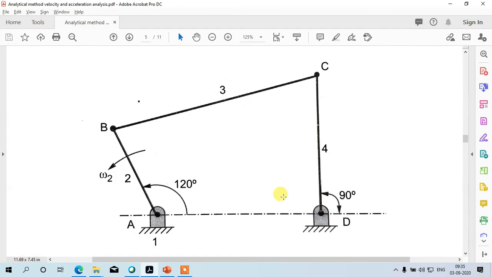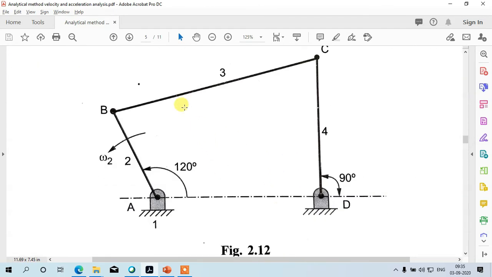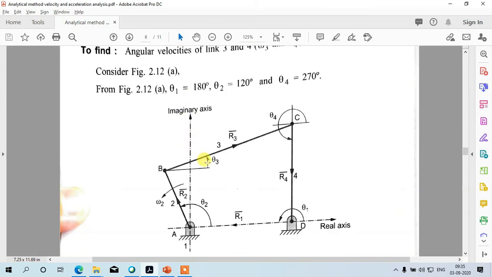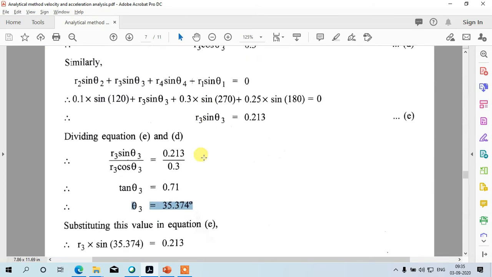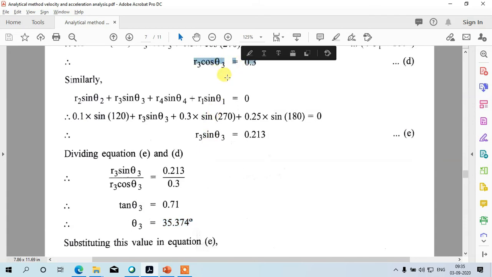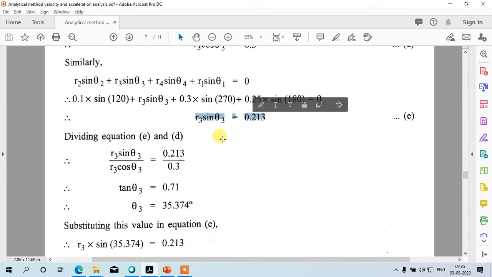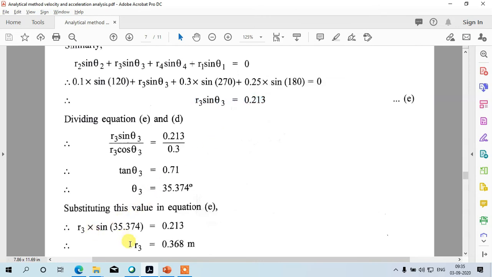So in this figure, this angle theta 3 we have found. So now we know all the angles. Now simply substitute this value of theta 3 in any of these equations. So you will get length of link 3, r3, is equal to 0.368 meter. So now we have all the lengths and all the angles in our mechanism.